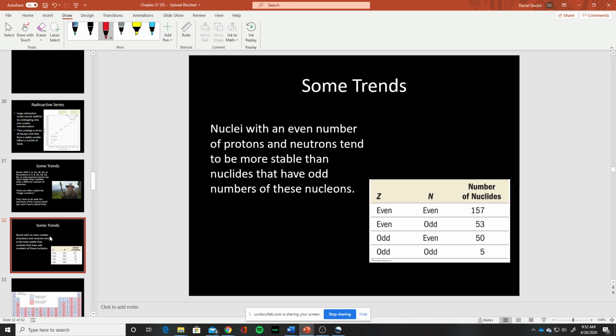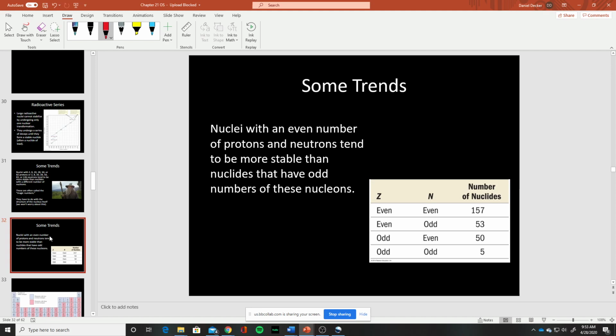And I made sure to only pick examples that were very clear. So you're not going to come across an example on the exam where maybe you have an even number of neutrons, but an odd number of protons, but you also have a magic number of this one thing.